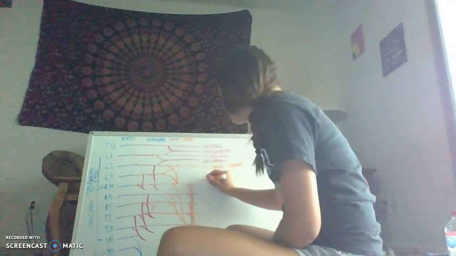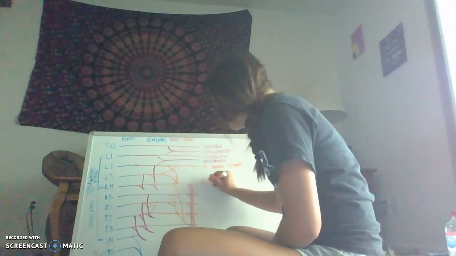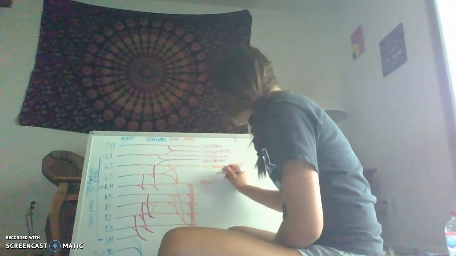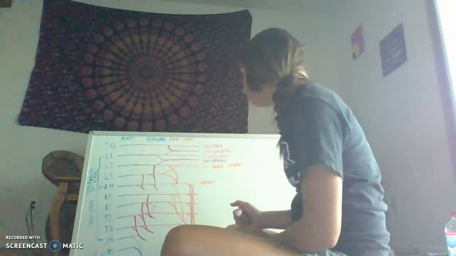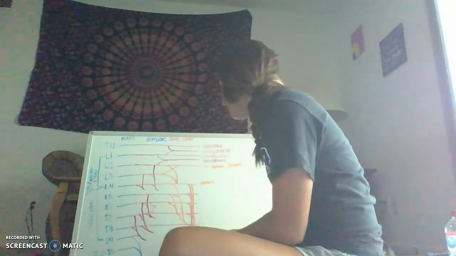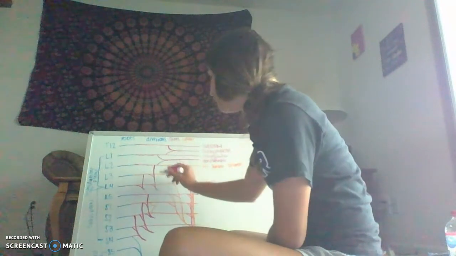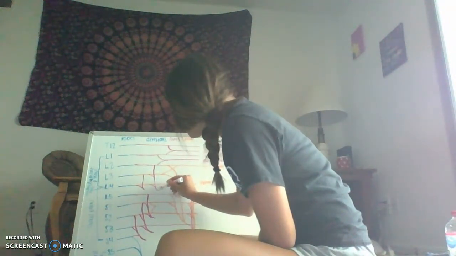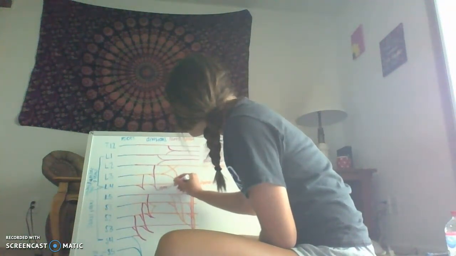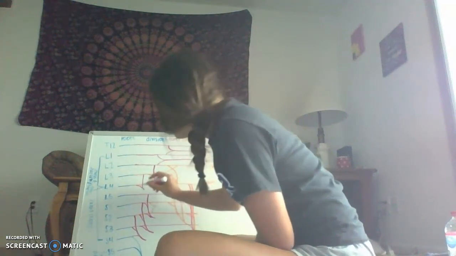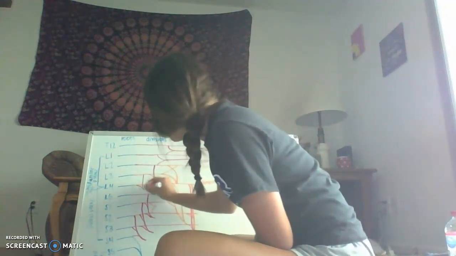And then off of L4, we have the femoral nerve, which is also coming from L2 and L3. And then off of L2 through L4, we have the obturator nerve. And then L3 through L4, we have the accessory obturator.